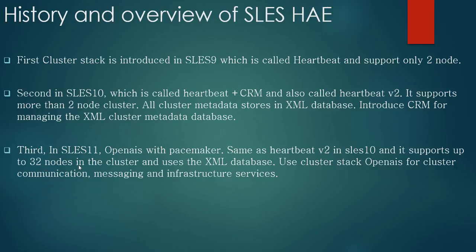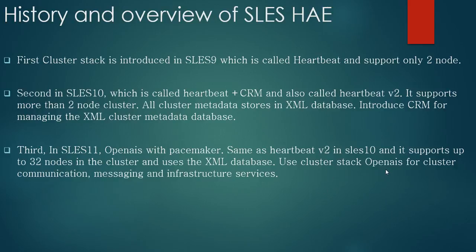So here we have more features and more flexibility, and we can add up to 32 nodes. It also uses the same XML format, saved in the CIB database, and uses the OpenAIS cluster stack for cluster communication, messaging, and infrastructure service.